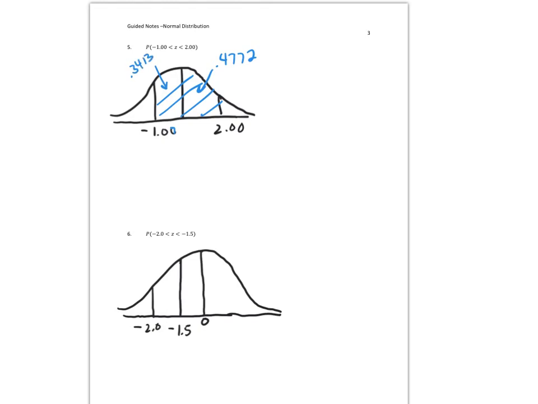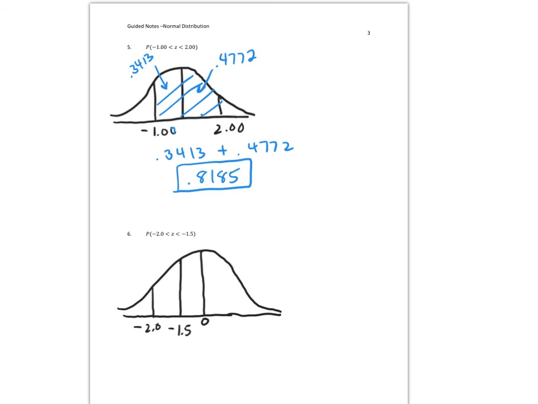And I want both of those, so I need to add 0.3413 plus 0.4772. And that gives me 0.8185. And that's my answer. That is the probability underneath the curve in blue.